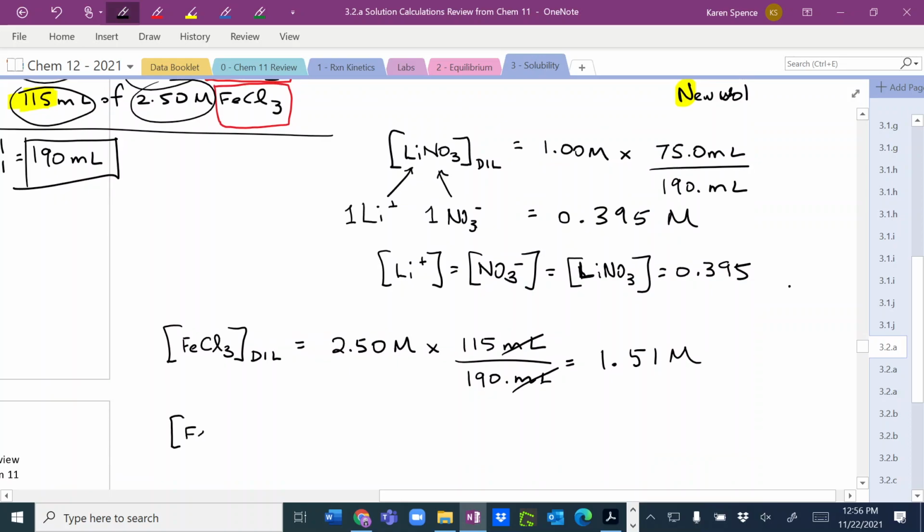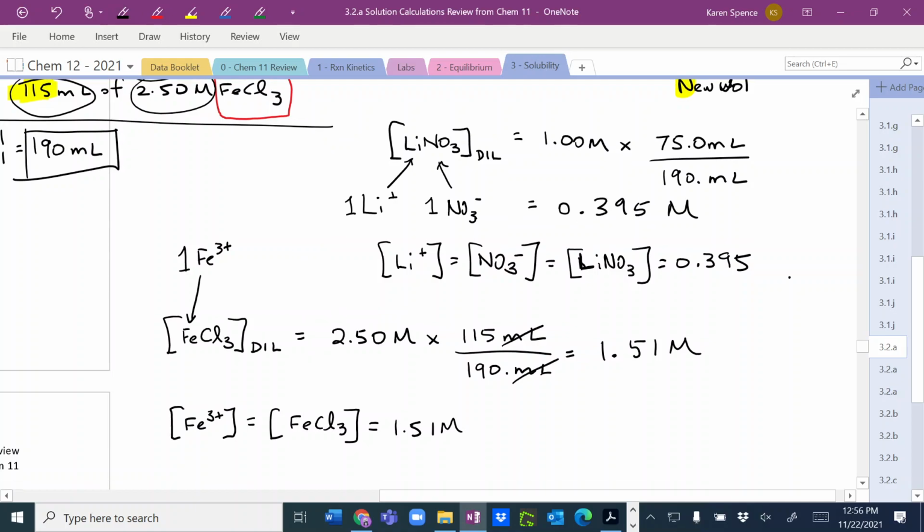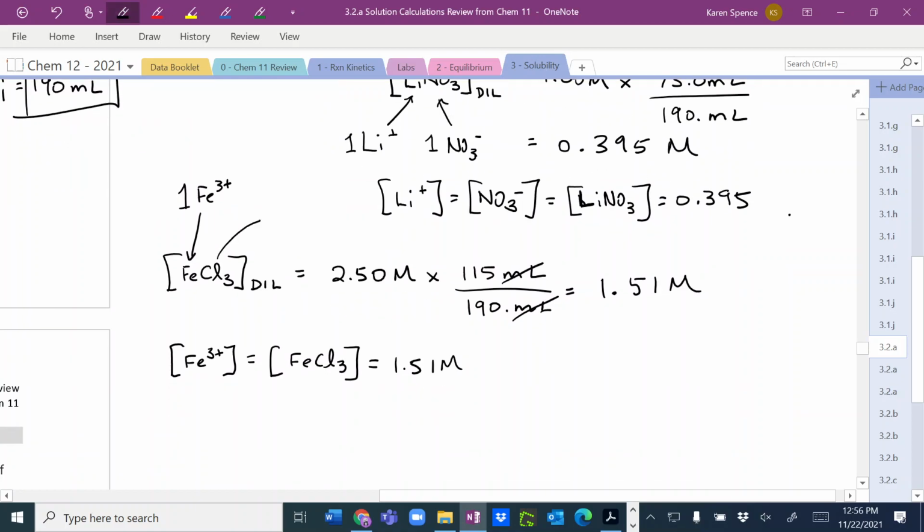Concentration of iron. How many irons in here? Just the one. So that's going to just be the same as the concentration of iron chloride. So that's going to be 1.51 molar. Chloride, on the other hand, how many chlorides do we get? 3 chlorides. So what am I going to have to do with that concentration to find chloride?